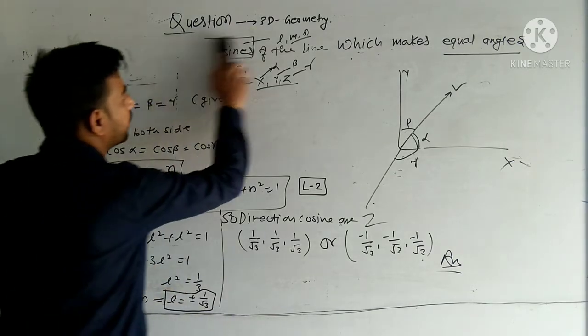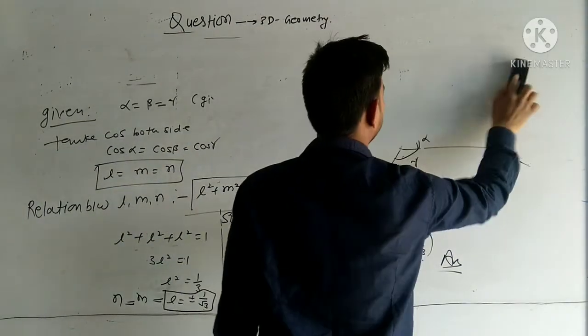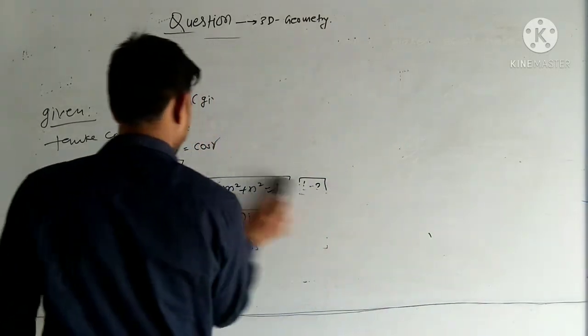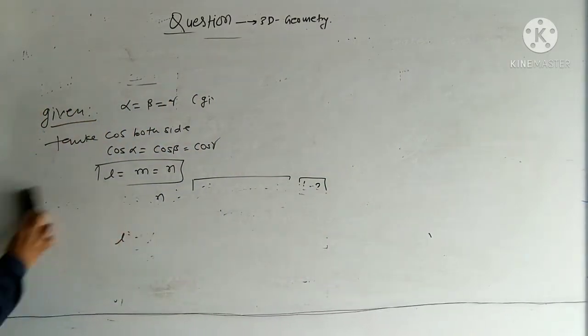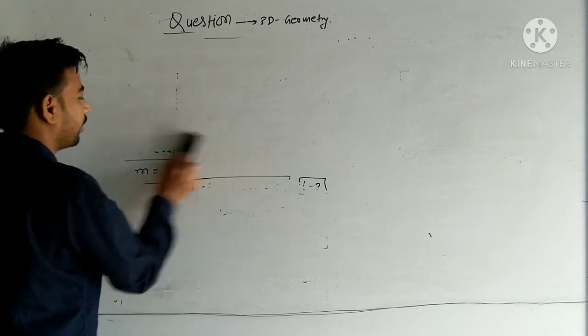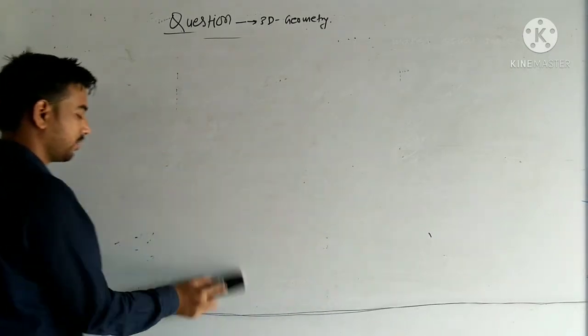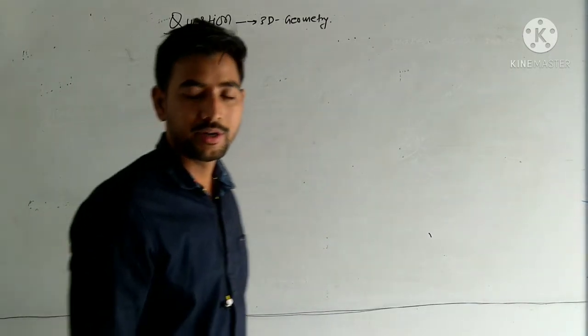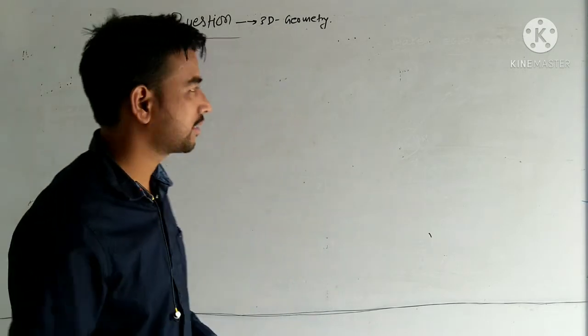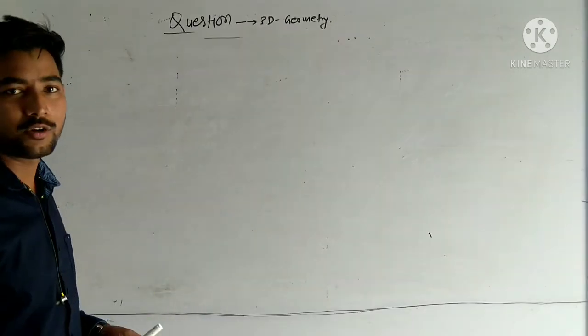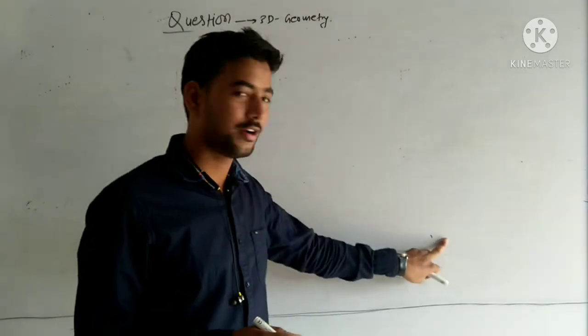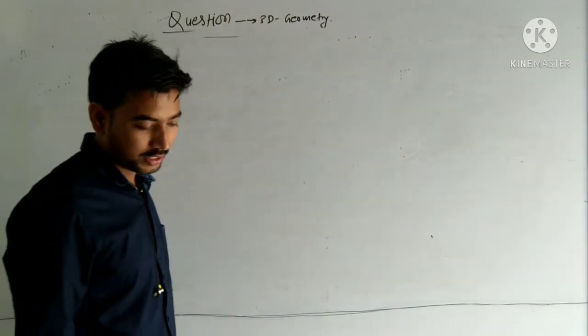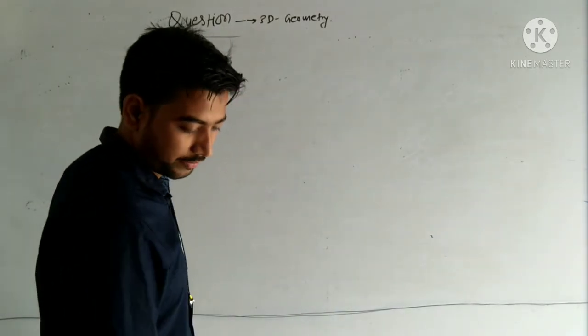Some questions I am solving here, and the remaining questions you have to solve, and we will discuss in online classes. And if you have any doubts, then you can comment on YouTube also. The comment feature is available.